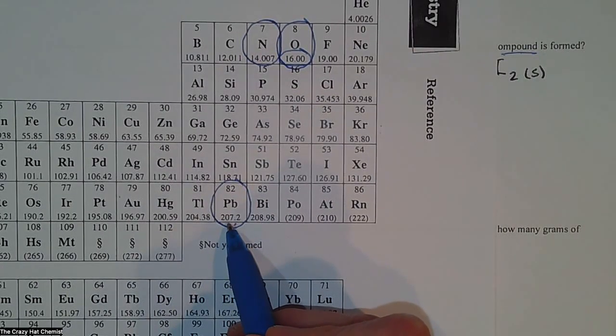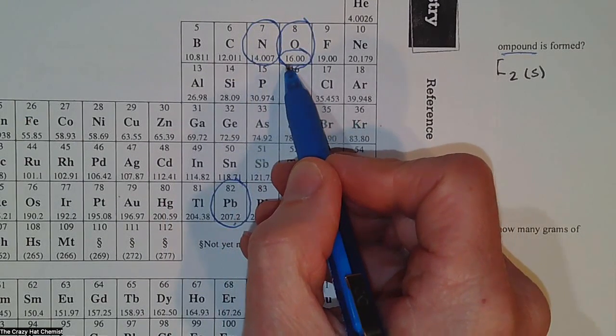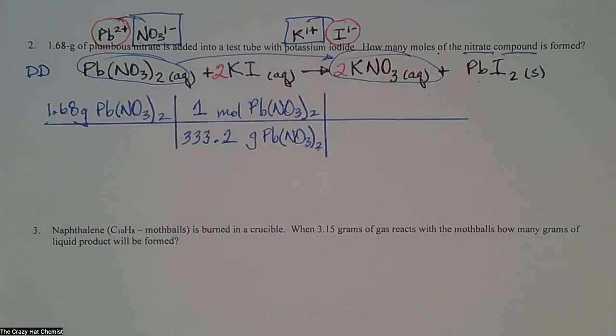So that's going to be 207 plus 14 times 2, that's 28, plus 16 times 6, it's what, 96. So I'm going to add all that up. Is that close to the 333? The answer is yes. If it is true, that's a yes. Then you can continue on with the problem.